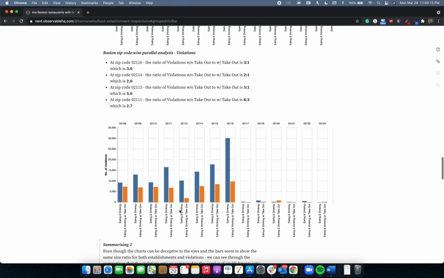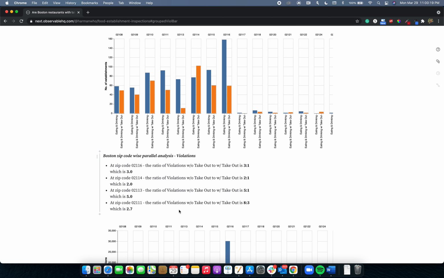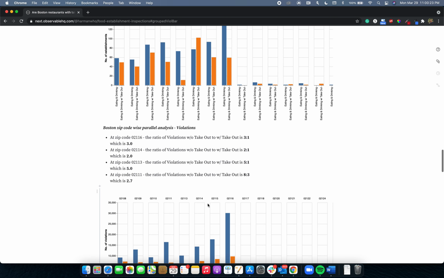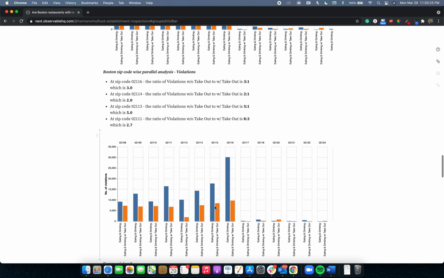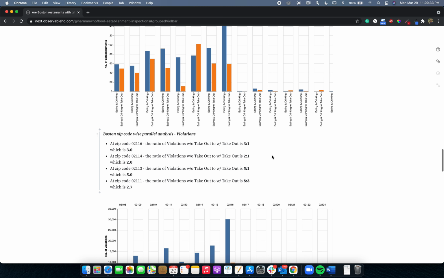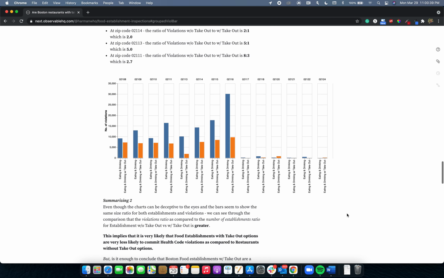is always greater, even though the number of restaurants with eating and dining, there are more in ratio. They have shown lesser violations in certain zip codes.